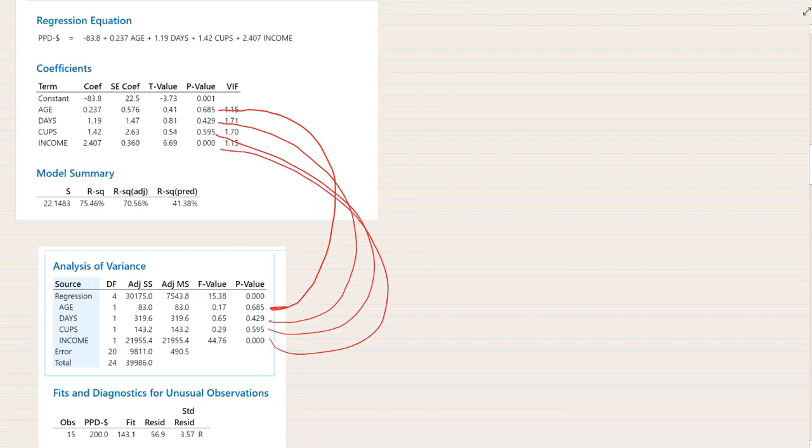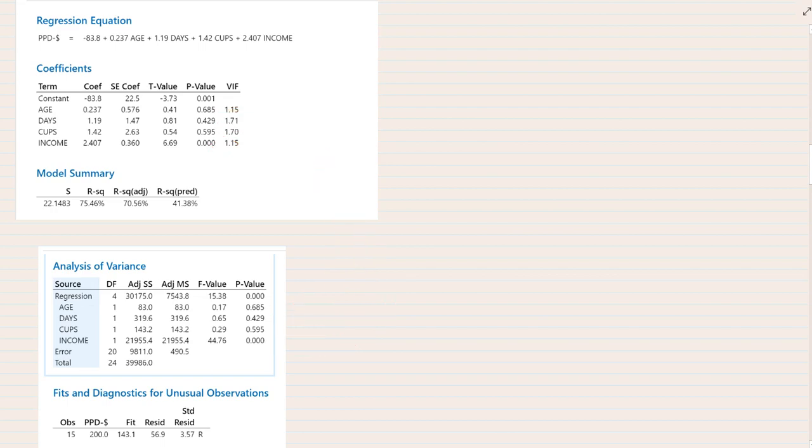You see that? So their interpretation is exactly the same. You could get these individually as p-values in the individual coefficients table, or you can get them in the ANOVA output.